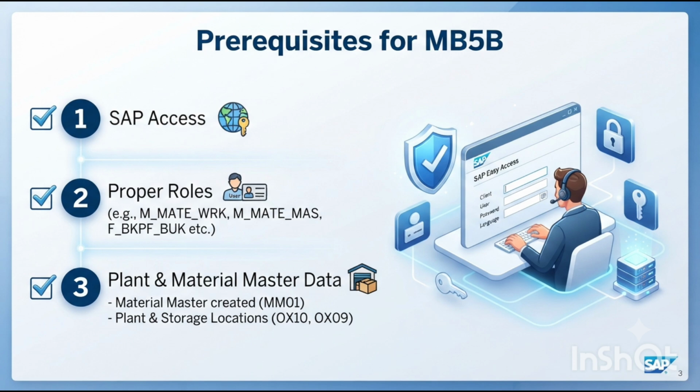Without correct authorization, you may face errors or see incomplete data. Always check with your SAP Basis or security team if you don't have access. Having the right permissions is the first step towards successfully executing this important report. So this is all about the prerequisites of using the MB5B transaction.